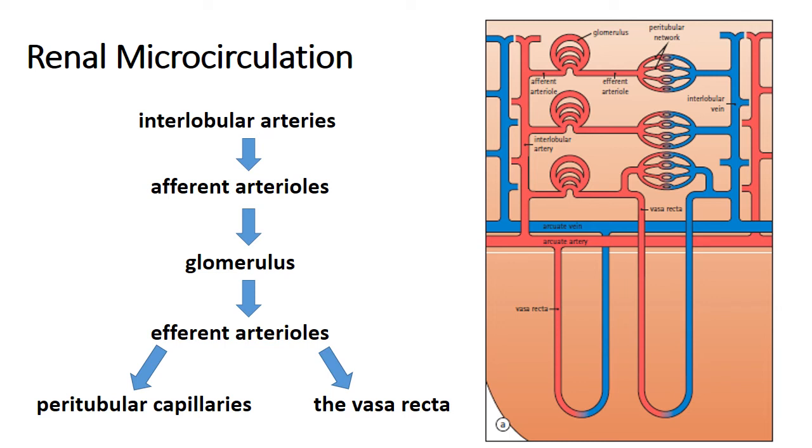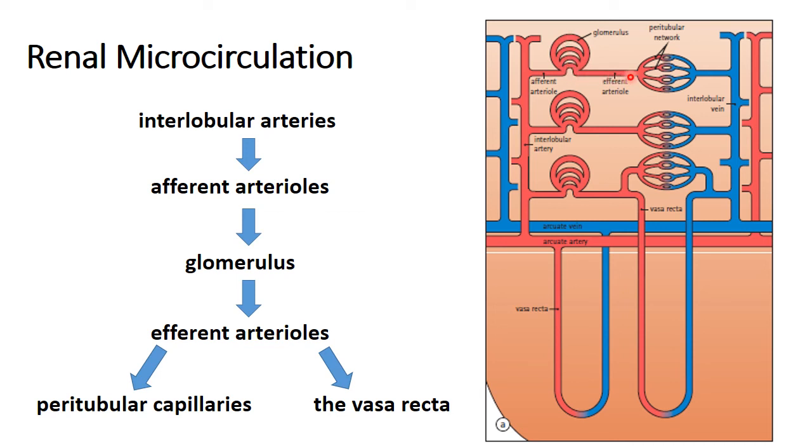So again, to give you more illustration of the renal microcirculation, you can see here these branches starting from the interlobular arteries, giving the afferent arterioles, glomerulus, and efferent arterioles. This is the arcuate artery, giving rise to the interlobular branch, and this branch will give rise to the afferent arteriole, forming the first capillary system, that is the glomerulus, within the renal corpuscle.